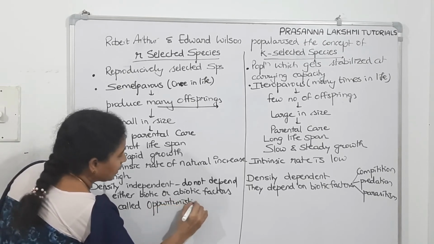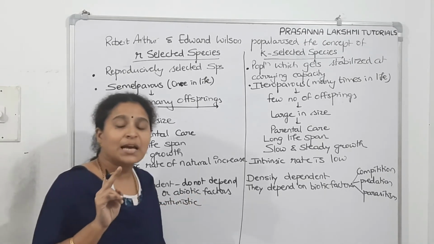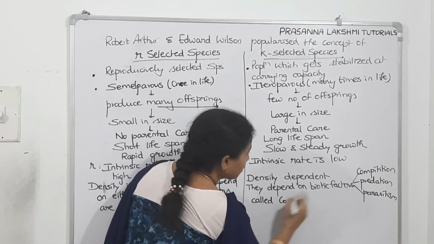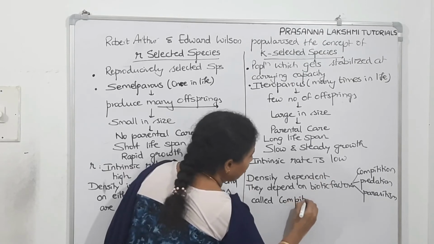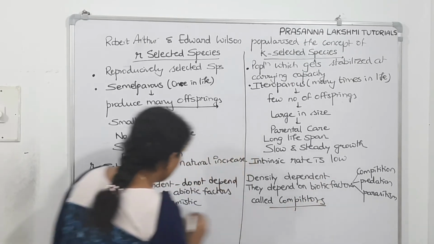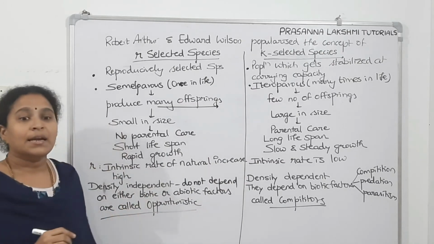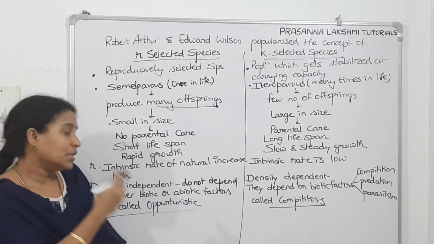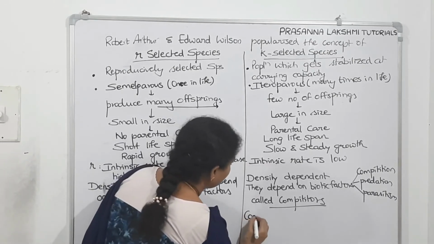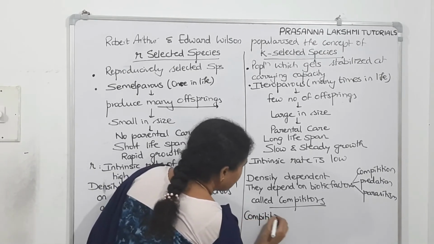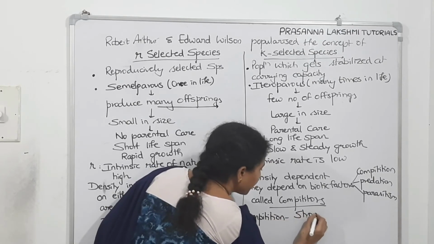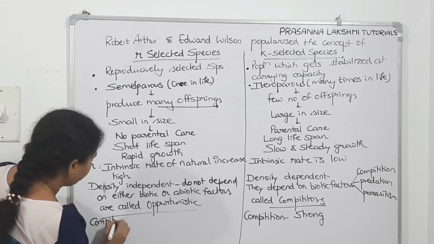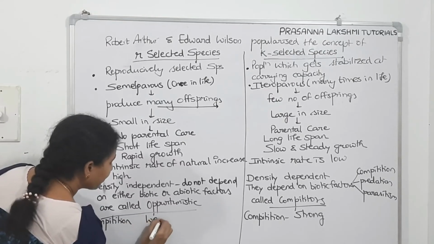Opportunistic. And K selected species are called competitors, because competition is the main factor for them. Understood till here? Now, they are competitors, which means competition is strong here. Since the others cannot compete, the competition will be weak.